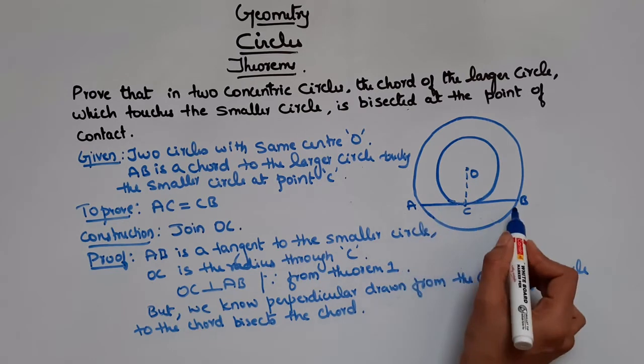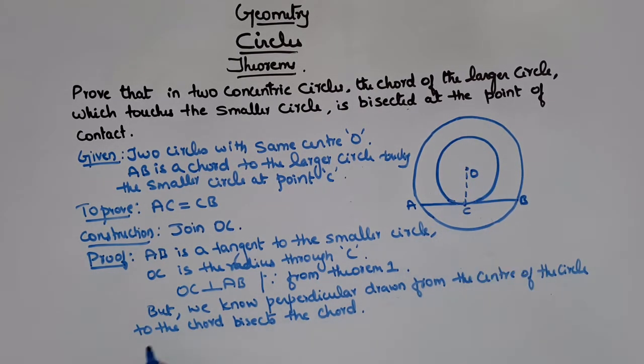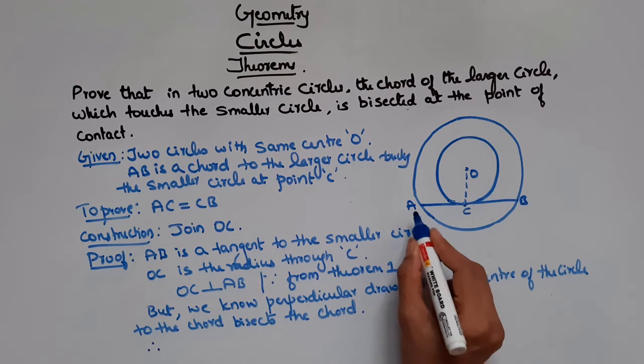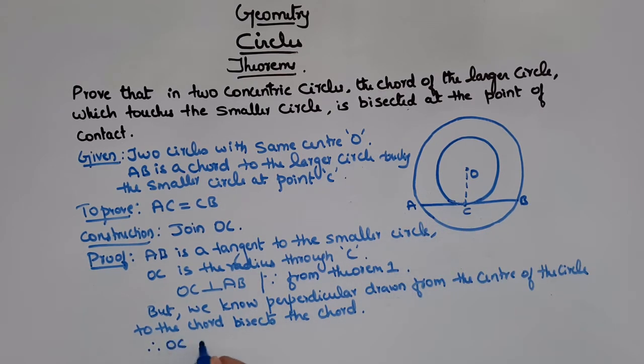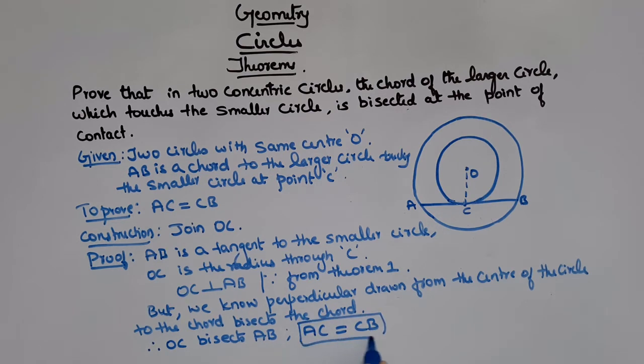So here AB is the chord to the larger circle. So therefore we can say OC bisects AB. Right? So hence we can say this means AC is equal to CB. So we have proved AC is equal to CB. Hence the proof. I hope this is clear.